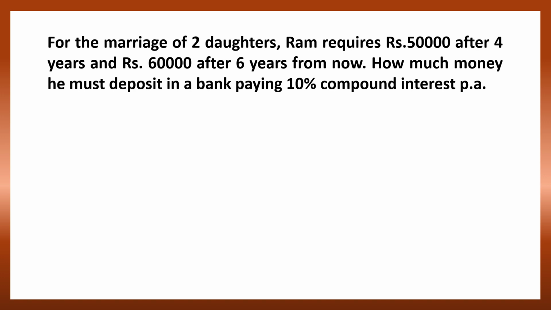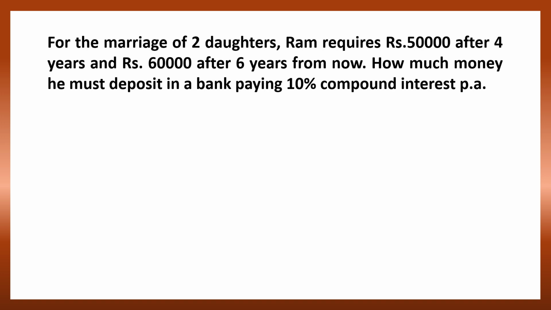Now, let us take another problem. For the marriage of two daughters, Ram requires rupees 50,000 after 4 years and 60,000 after 6 years from now. How much money he must deposit in a bank paying 10% compound interest per annum?